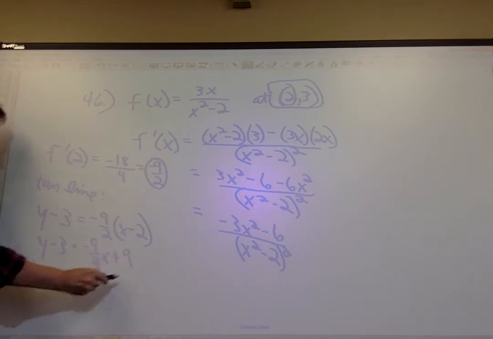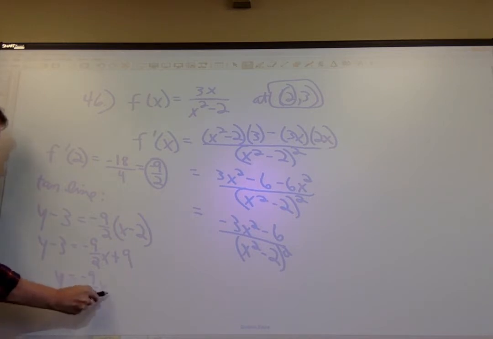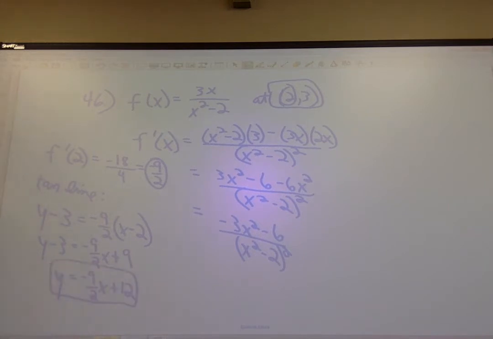Yes. So y equals negative 9/2 x plus 12. Do you agree with that? Just what we were doing in the last section, but now we've got some harder derivatives to find, right? We've got product or quotient rule.